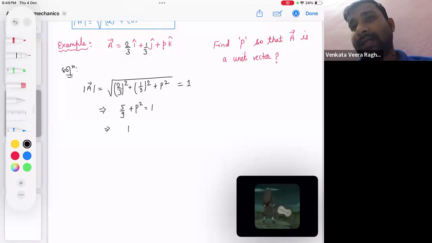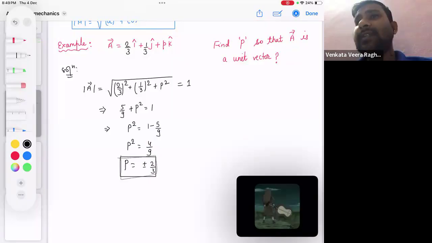So p squared is 1 minus 5 by 9, which is 4 by 9. So p will be plus or minus 2 by 3, isn't it? If I take p as plus 2 by 3, it becomes a unit vector. And if I take p as minus 2 by 3, that also makes it a unit vector.